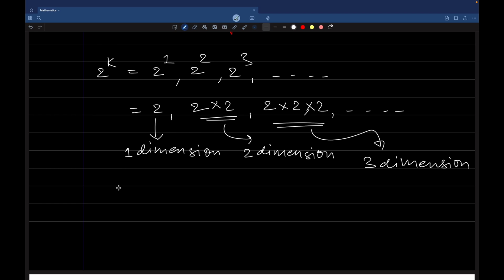For 1 dimension, there is only the x-axis, one single line, and we will have only 2.